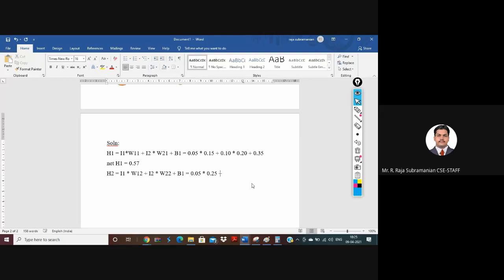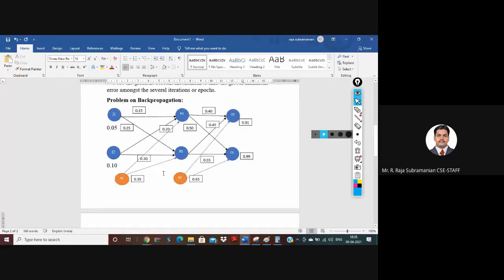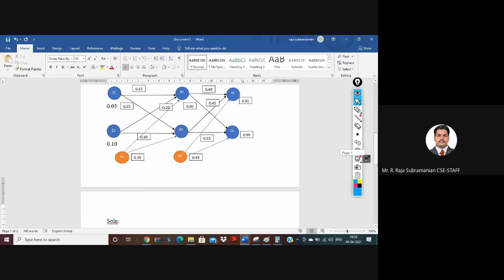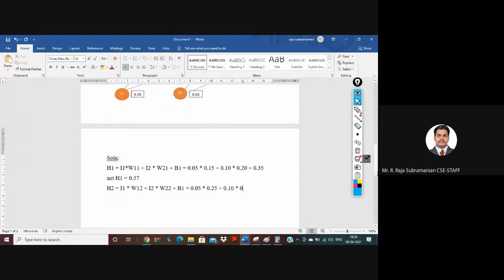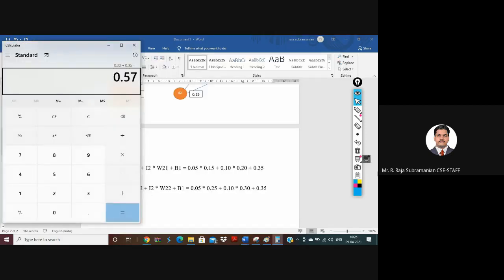So we will be substituting the value: 0.05 into 0.25 plus 0.10 into, and what is the W22 value? W22 value is 0.30, plus bias 0.35. Calculate the answer. What is net H2?